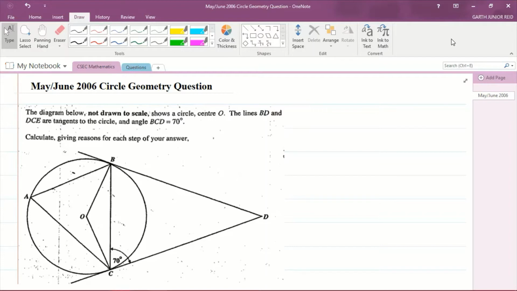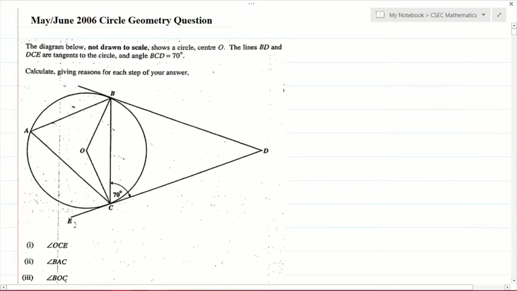We're focusing on section 8, which is geometry and trigonometry. Here we have a circle geometry question. The diagram below, not drawn to scale, shows a circle with the center O. The lines BD and DC are tangents to the circle, and angle BCD is equal to 70 degrees.